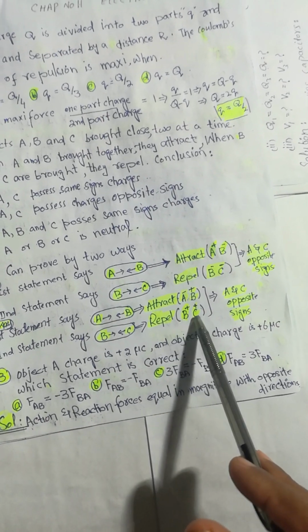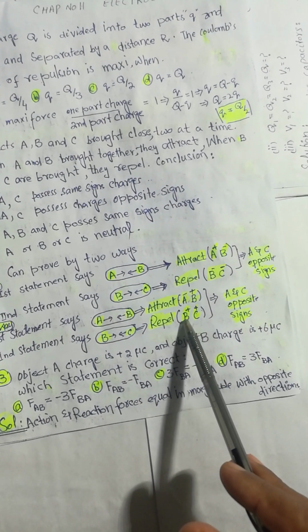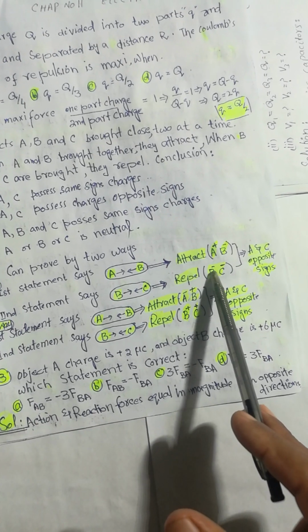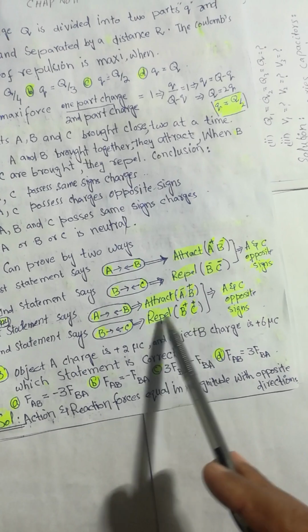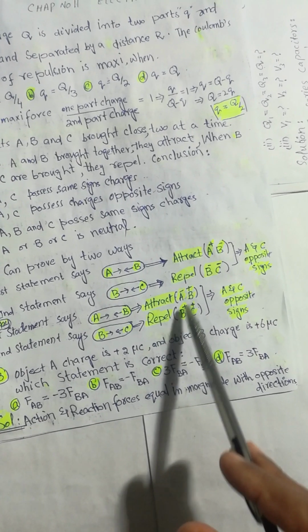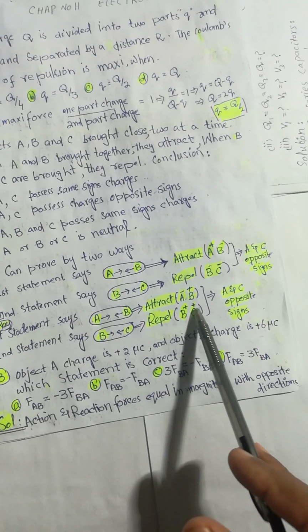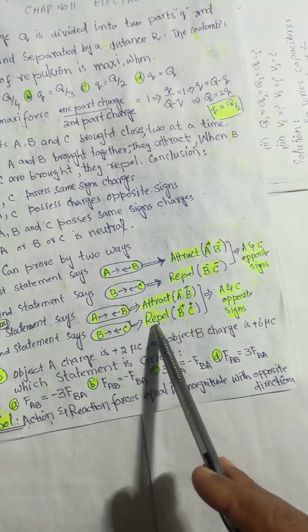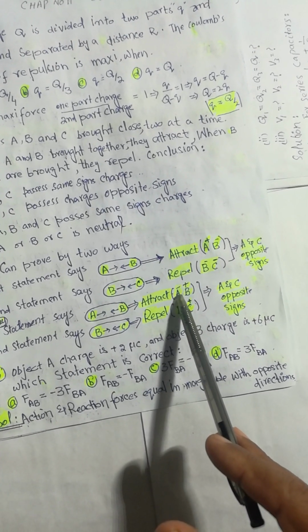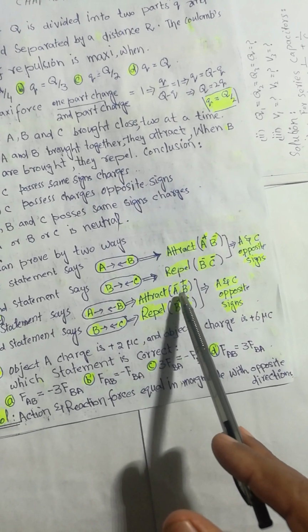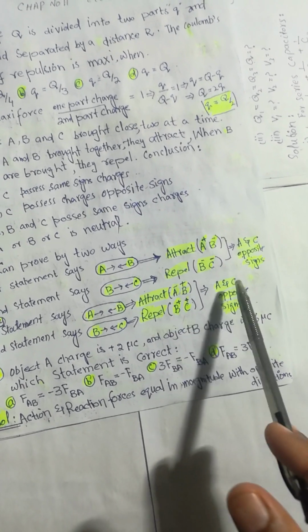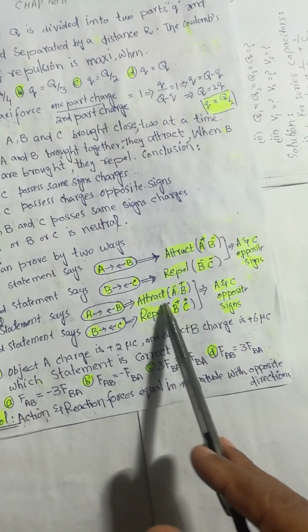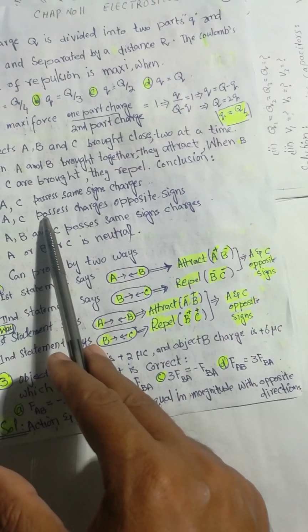Repel means that they have the same signs of the charges. Here in the upper way we see that B is negative, C is negative, both repel. Here we took B positive, C also positive, it means that they will repel. So here again we conclude that A and C have opposite signs. This also shows that option B is the correct one.